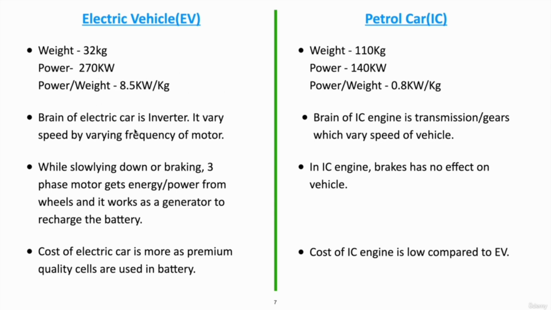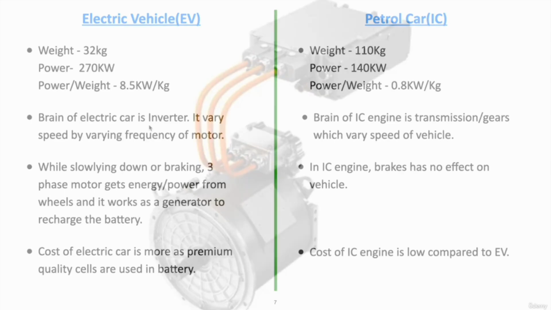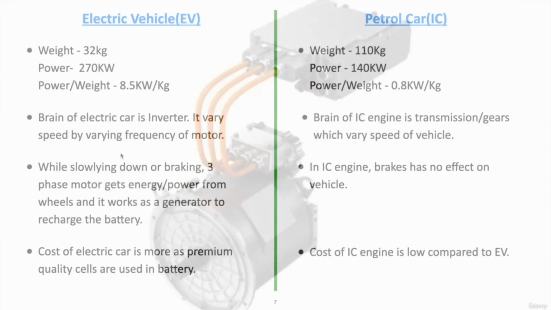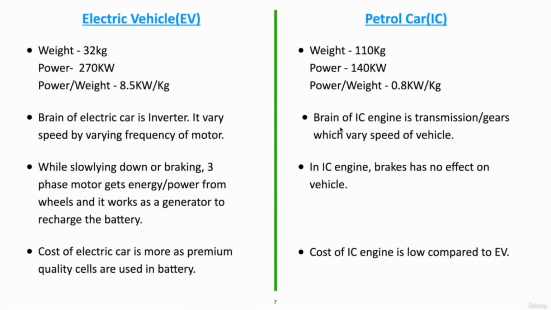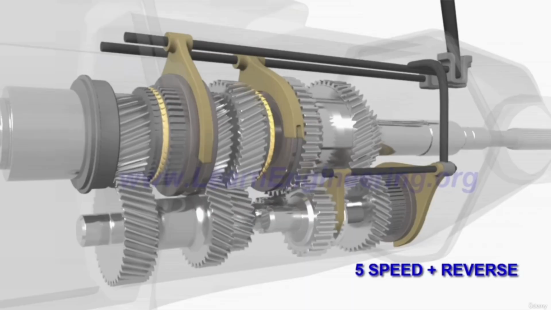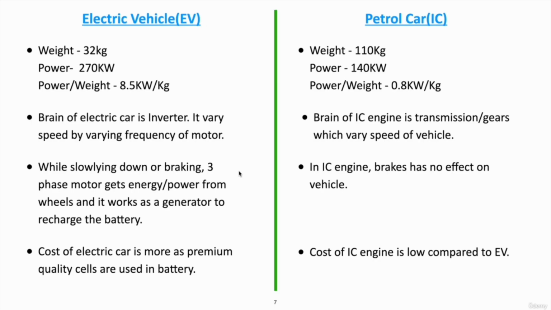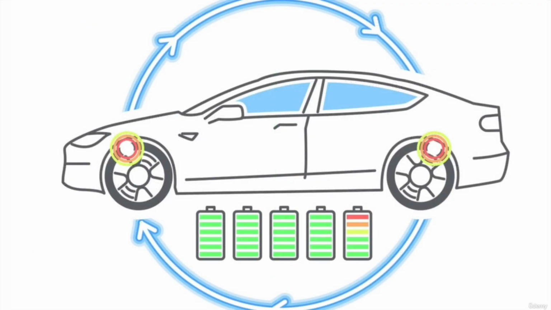Brain of the electric car is the inverter. It varies speed by varying the frequency of the motor, but the brain of the IC engine is transmission and gears, which vary the speed of vehicles. While slowing down or braking, the three-phase motor gets power or energy from the wheels and works as a generator to charge the battery.